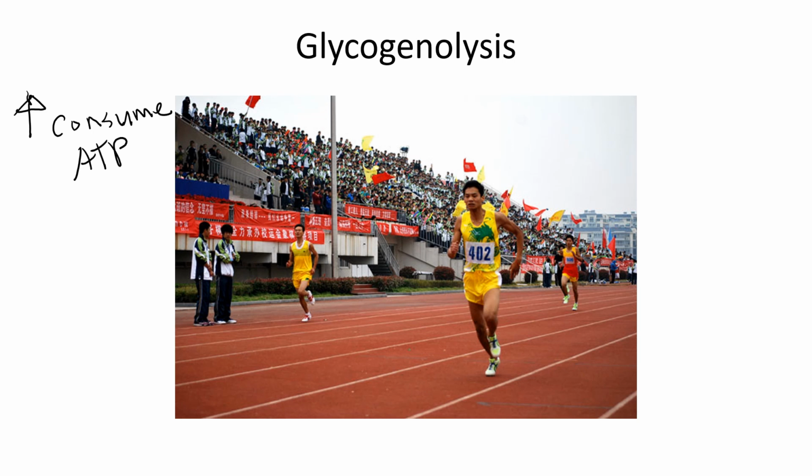So I think it's somewhat logical to realize that during a sprint, muscle cells consume a lot of ATP. Now, every cell in the human body has a pretty delicate balance that it has to play, which is that all the cells have to make as much ATP as they're consuming. Otherwise, they have the potential to die, the cells themselves.